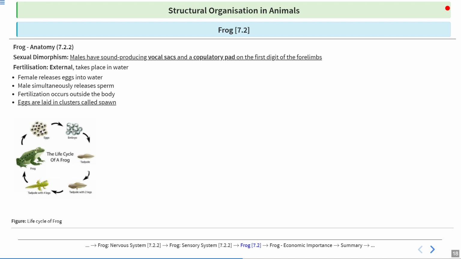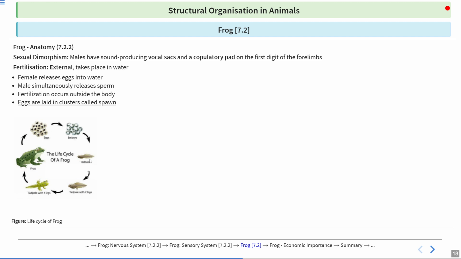And one more thing, the female lays a large number of eggs. The reason for laying this large number of eggs is that the reproduction is taking place in the external environment, not inside the body. And there are many chances that predators can come and eat all the eggs or developed embryos or the tadpole stage.